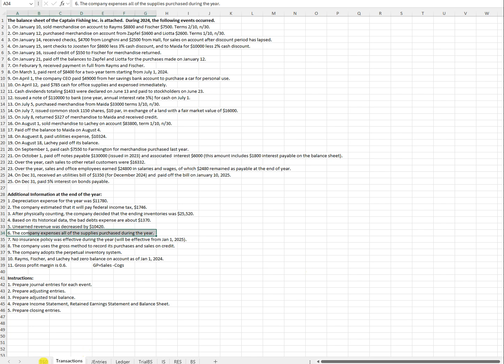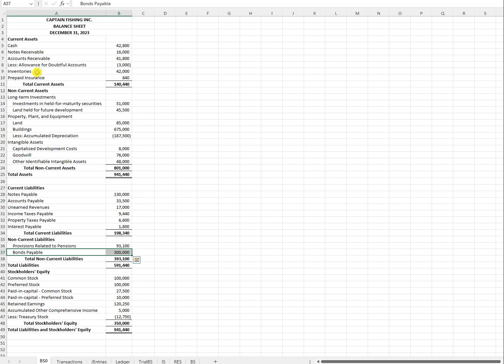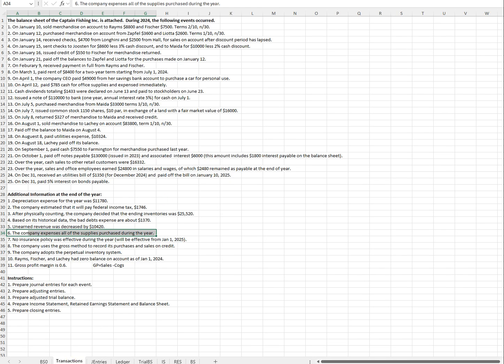Do we have any supplies? We don't have any supplies at the beginning of the year. And during the year, yes, in number 10, we purchased supplies and expensed them immediately. So we already did expense supplies. There's no more additional information here.